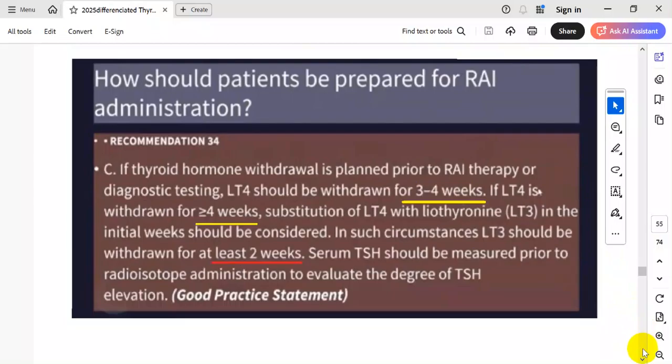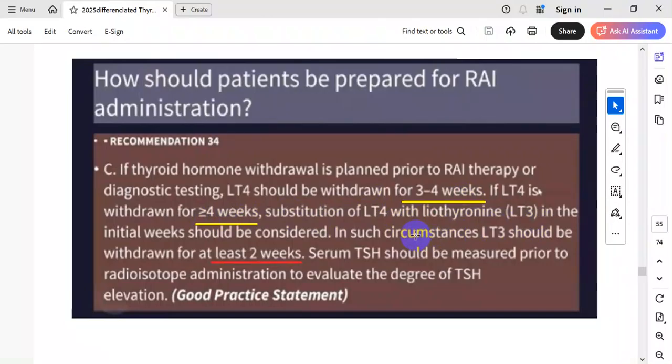Also, how should patients be prepared for radioiodine therapy? We withdraw LT4 for 4 weeks. Substitution of LT4 with liothyronine LT3 in the initial weeks should be considered.